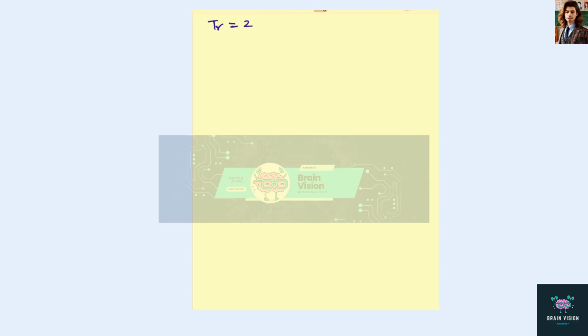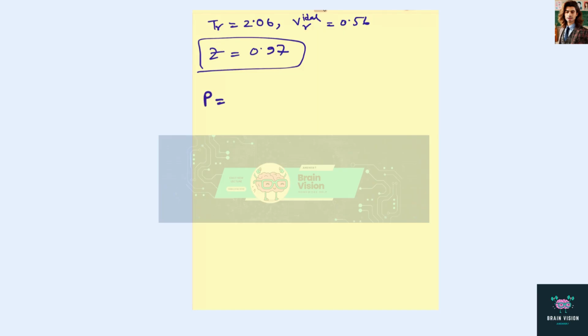Now for the reduced temperature of 2.06 and reduced volume of 0.56, the Z factor is 0.97. Now we can use the compressibility factor equation of state to calculate the pressure.